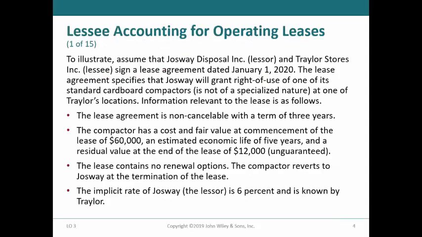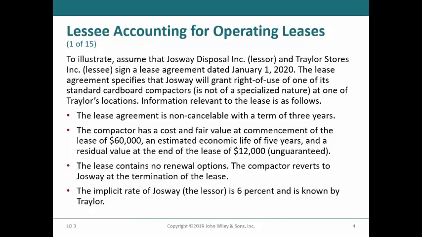To illustrate the accounting for an operating lease by the lessee, we will study the lease of a standard cardboard compactor that is not specialized by Trailer Stores from Joss Way Disposal, Inc. The non-cancelable lease is signed on January 1st, 2020 and is for 3 years.